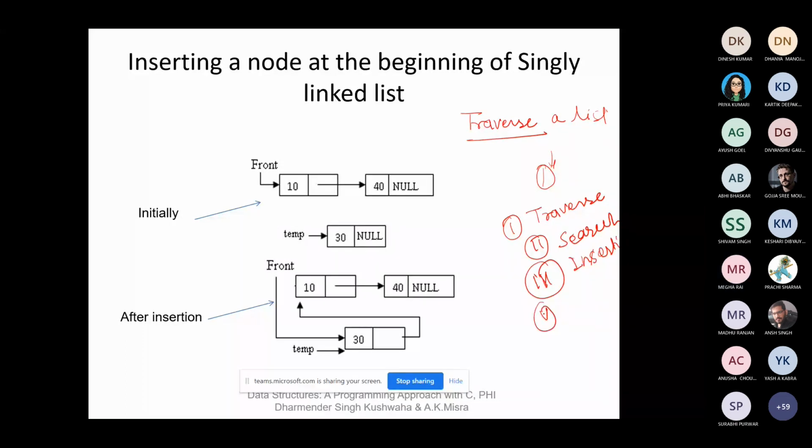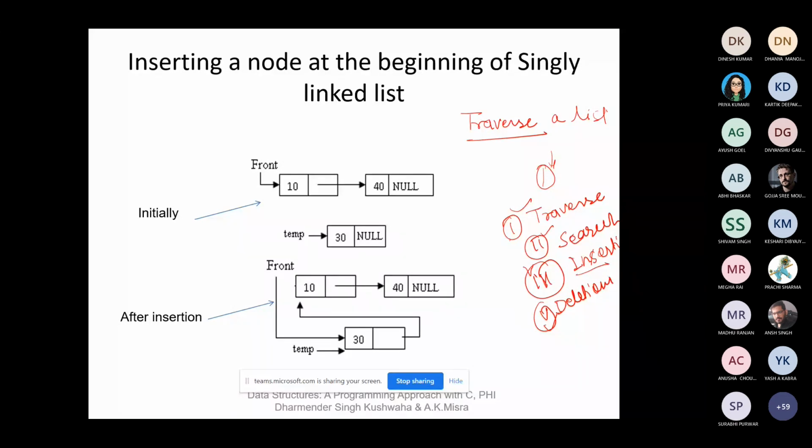So for every data structure, we can traverse the nodes, search for any element, insert any node, and delete a node. Traversing means visiting each node, starting from the first node till we reach the last node.